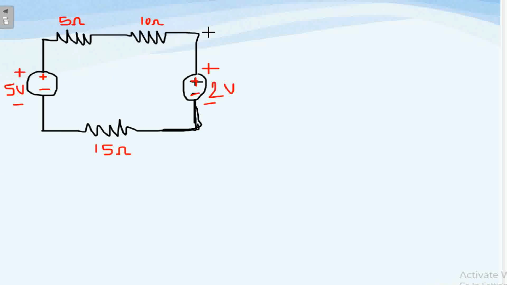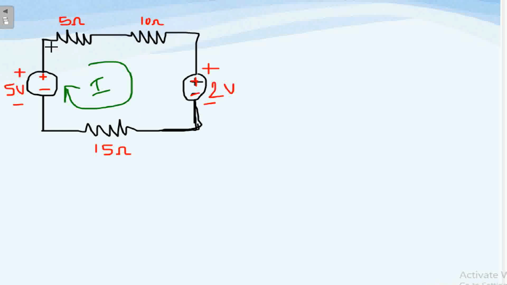Here I have taken one circuit which has 3 resistors and 2 voltage sources. According to our concept, first of all we have to consider one loop and one current in the clockwise direction. So the current flowing in the circuit is I. Here I have indicated it in the clockwise direction.